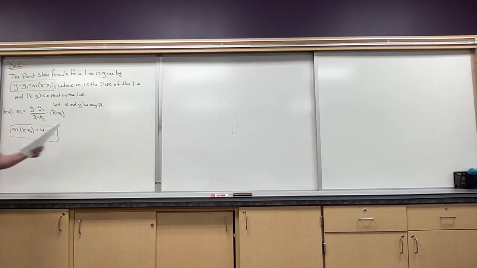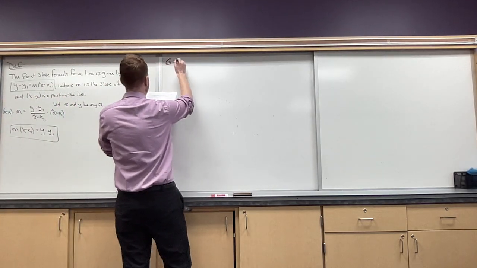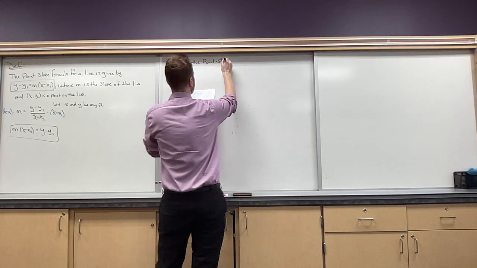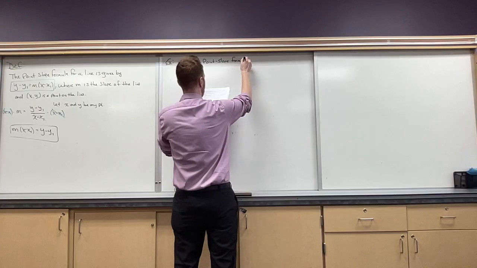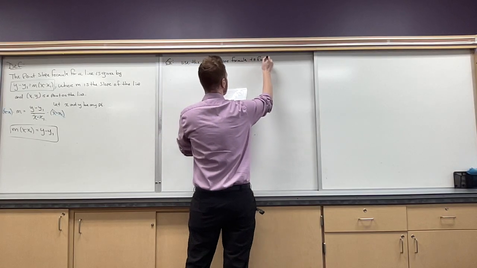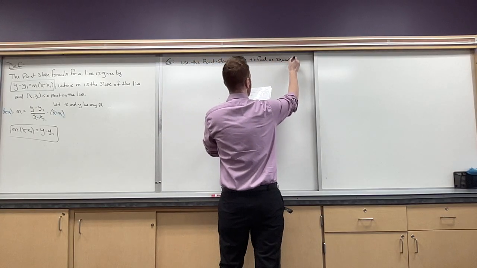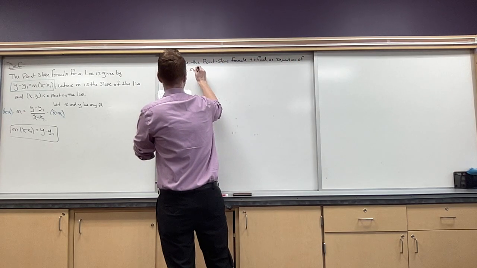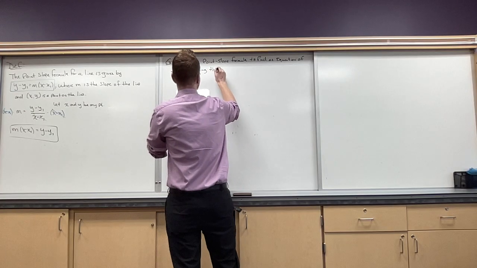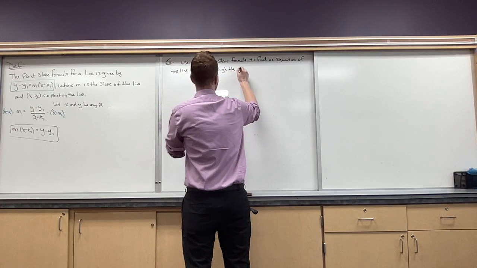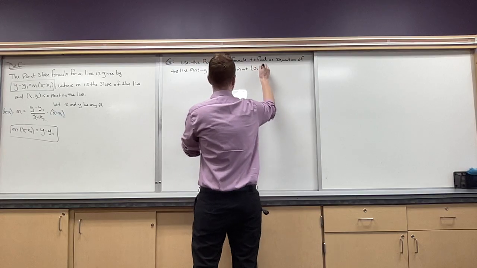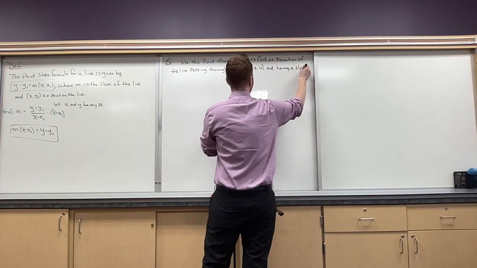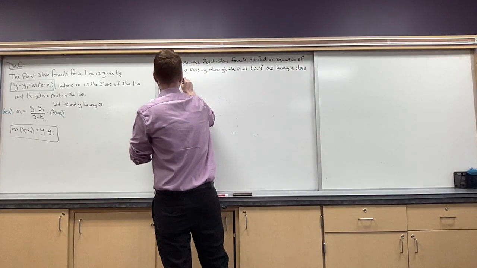Let's try an example. Use the point slope formula to find an equation of the line passing through the point negative 3, 4, and having a slope of 1/3.